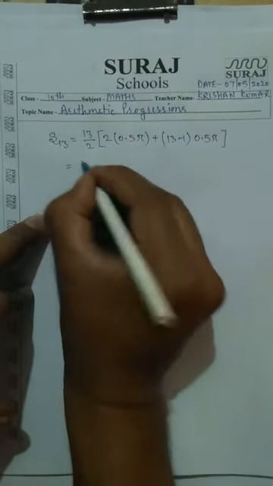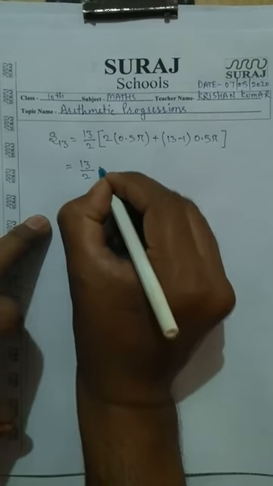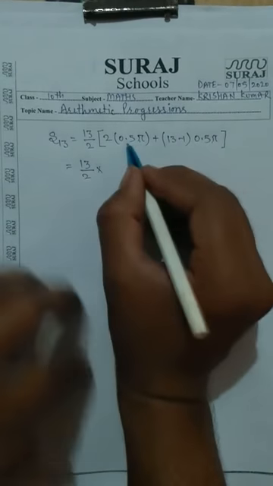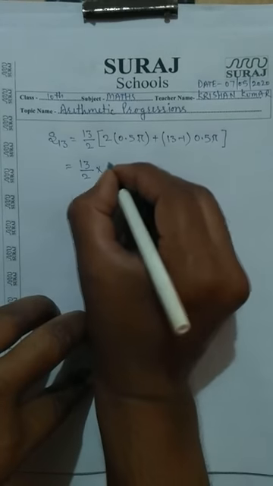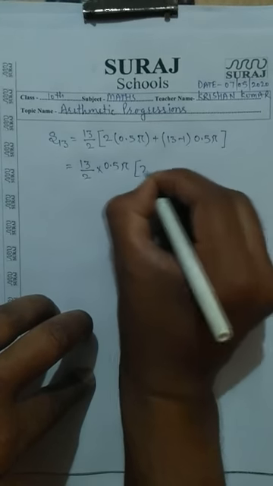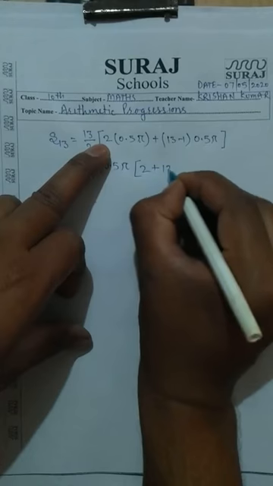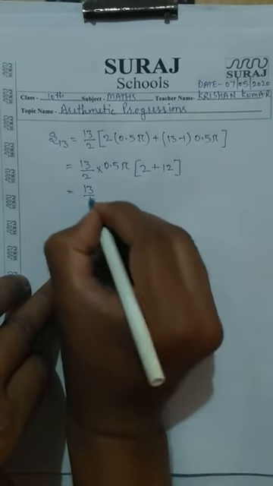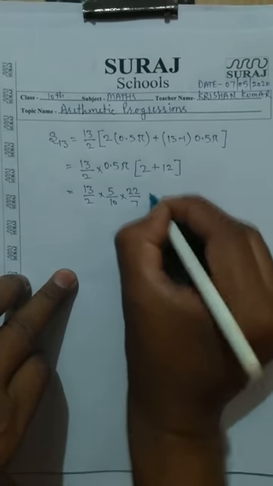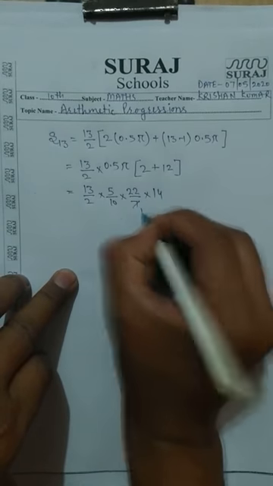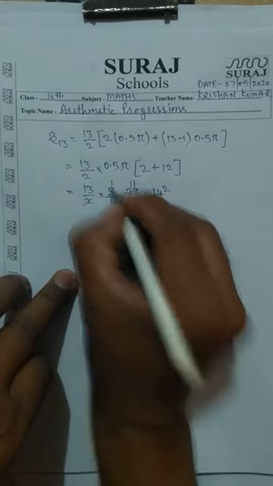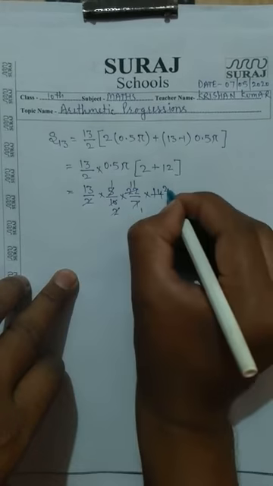Okay, solve it. 13 upon 2 into... beta, pi is the same, so 0.5 pi is common out of these two terms. 2 remains, plus here is 12. 13 upon 2 into 5 upon 10 into pi, which is 22 upon 7, into 12, 2 twos are 14. 7 ones are 7, 7 twos are 14, 2 ones are 2, 11... 5 ones are 5, 2 fives are 10, 2 ones are 2.